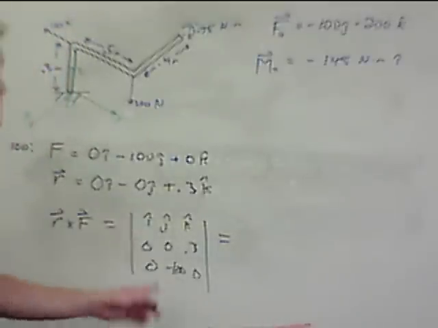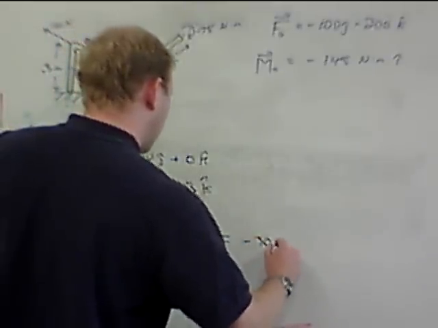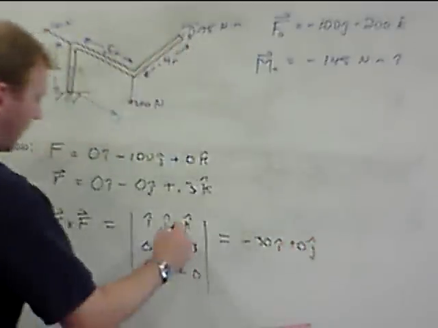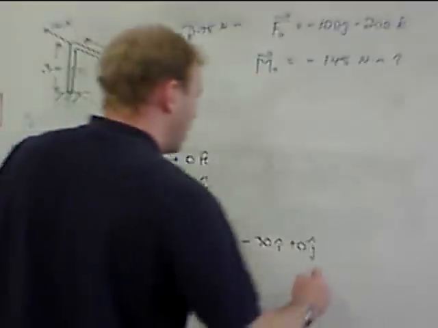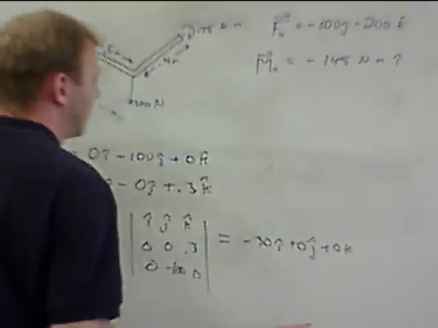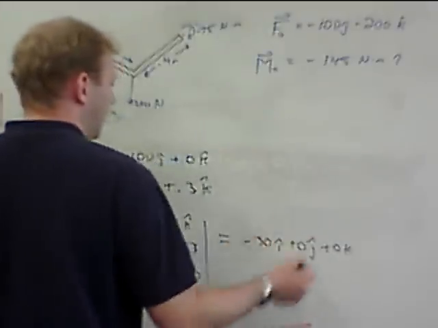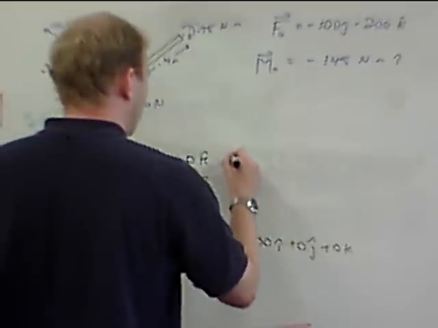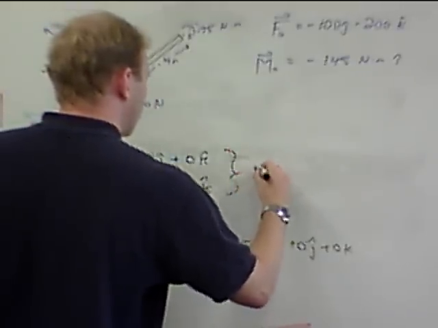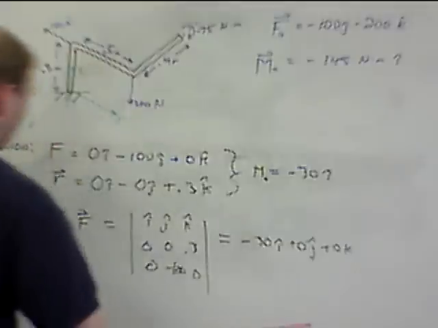Solving this out, we have 0 minus 30 I. J, everything drops. K, we have 0 times 100, 0 there. Okay, so for the 100 Newton force, all we get is a 30 Newton meter moment. So for the 100 Newton force, moment equals negative 30 I, and that's in Newton meters.